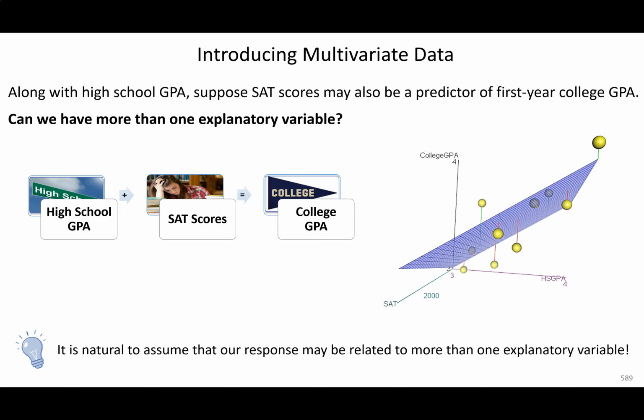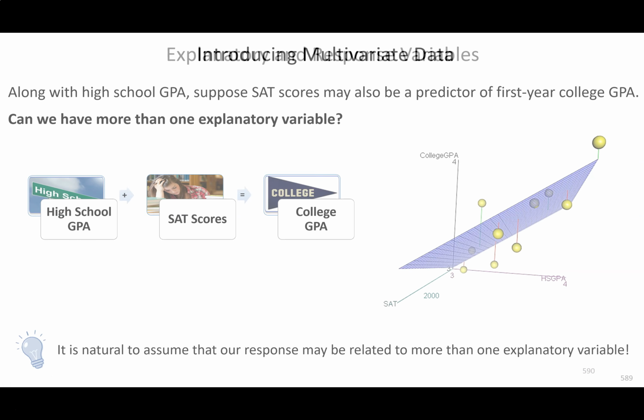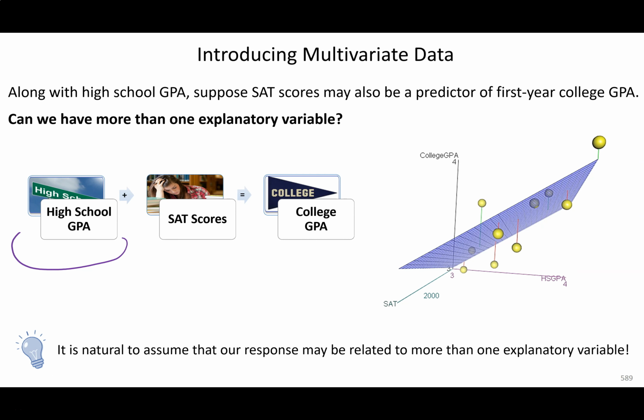So what we're looking at here is high school GPA, but high school GPA plus the effective SAT scores might help explain what first year college GPA is.